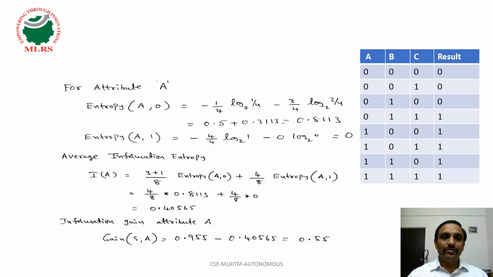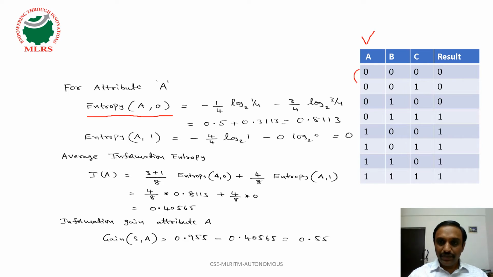Now we have to calculate the information gain of each attribute. The first attribute is A. To calculate this information gain, we take the entropy of A with value 0, where A is the attribute.